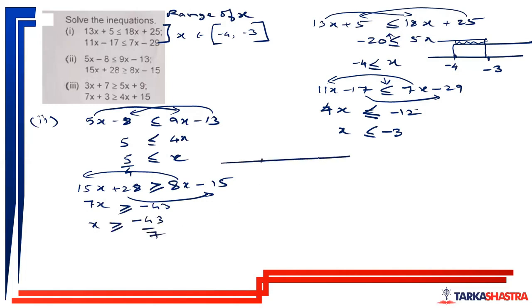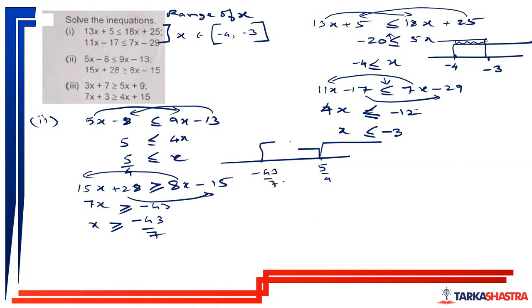So what do we have? First is 5 by 4, and all the values greater than 5 by 4 will work. Next is minus 43 by 7.